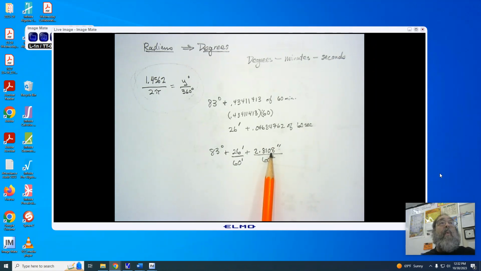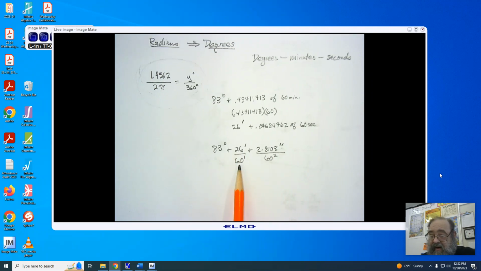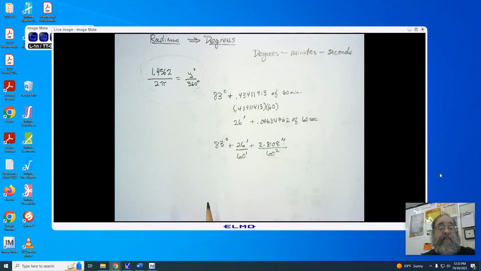To work backward, we take the seconds and divide by 60 squared, the minutes divide by 60 to the first, and then add all three up. And you should put it into your calculator only once and hit enter.